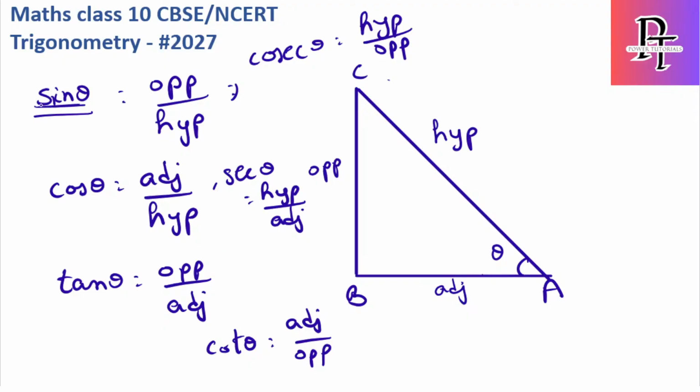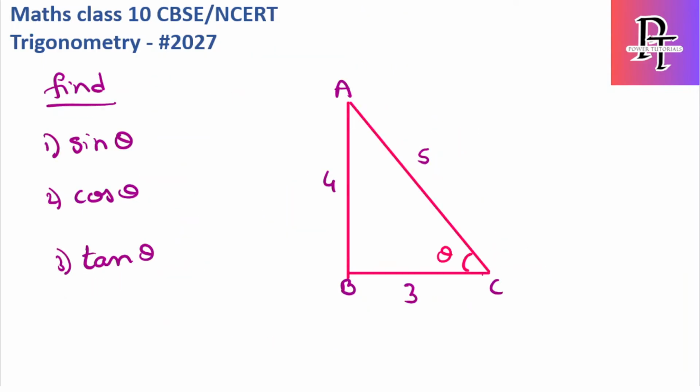Just remember these 3, the other 3 you can easily write. Sine is opposite by hypotenuse, cosecant is the inverse of sine, so it is hypotenuse by opposite. Cos is adjacent by hypotenuse, and secant is the inverse of it, so it is hypotenuse by adjacent side. And tan is opposite by adjacent side, and cot theta is the inverse of tan, which is adjacent by opposite side. But while solving questions you can easily understand what I'm talking about.